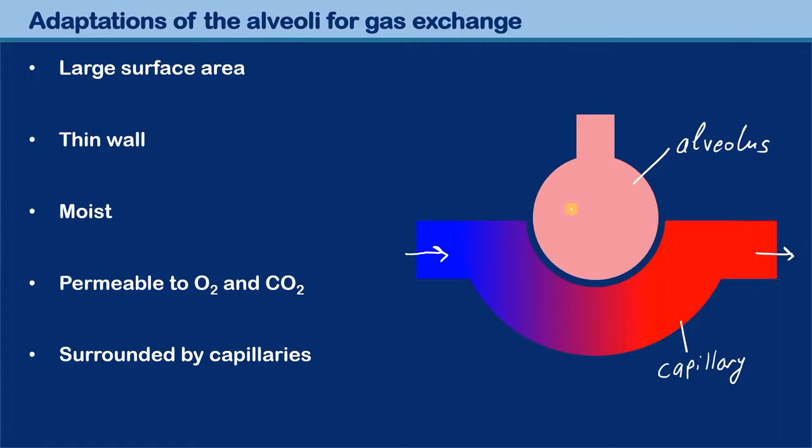So because of ventilation, because of inhaling and exhaling, we have in the air space of the alveolus a high O2 concentration, and we have a low CO2 concentration. And in the blood we have exactly the opposite.